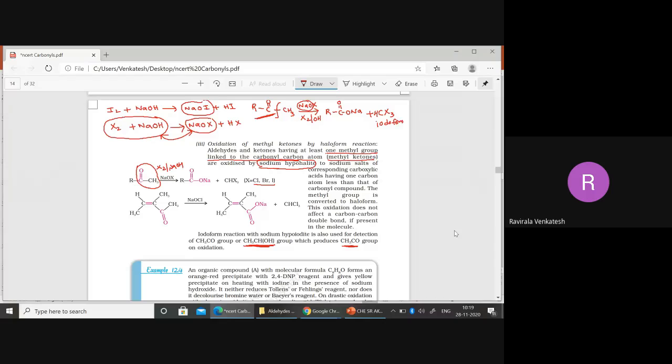I am taking one example here: CH3, CH2, C double bond O, CH3. Is it visible for you? Shall I write on PPT? Now this one I'm treating with NaOI.